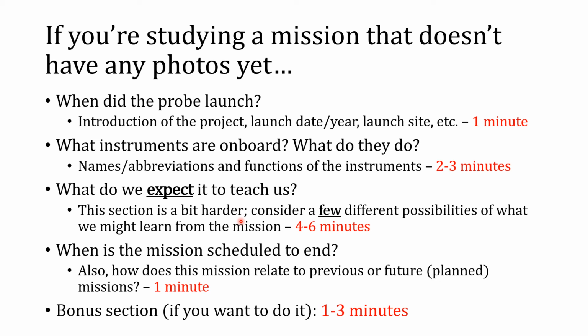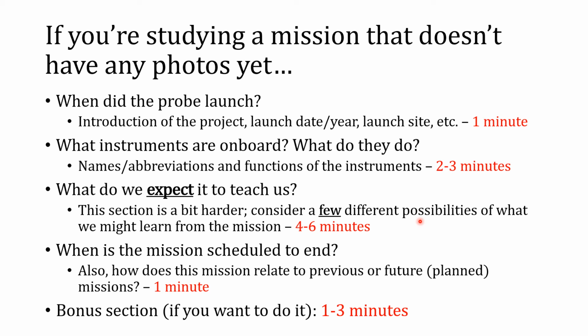So in that case, do consider a few different possibilities for the kinds of things that we might learn. So as an example, if I had a hypothetical mission of a space probe that was going to some random comet in the outer solar system, and the purpose was to see if there's liquid water on that comet. If the mission had already finished, then I could say, well, we learned that there either was or was not water on that comet.